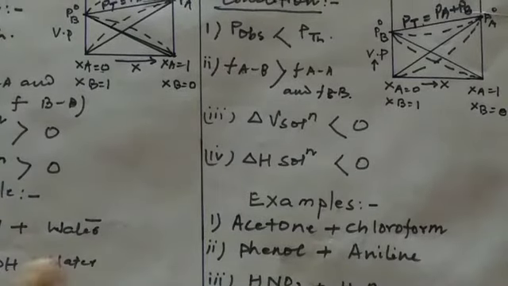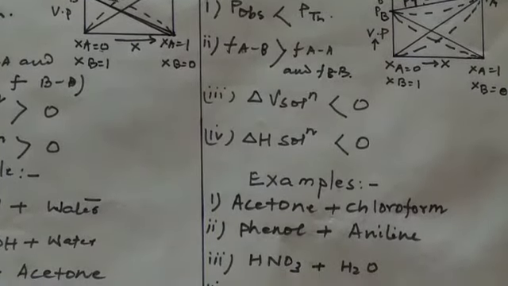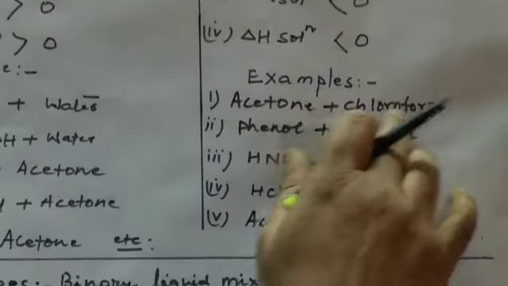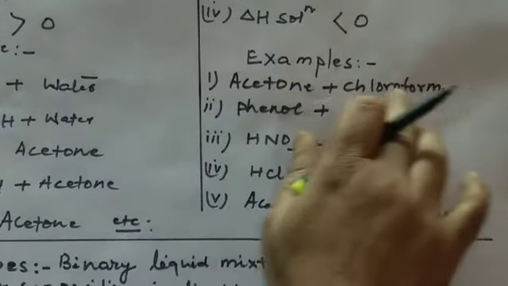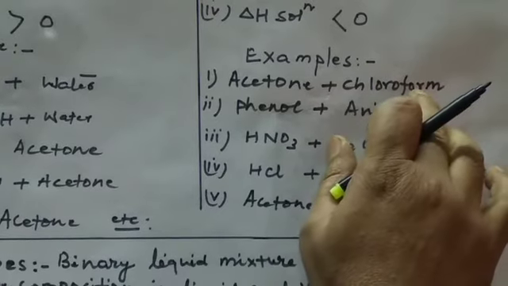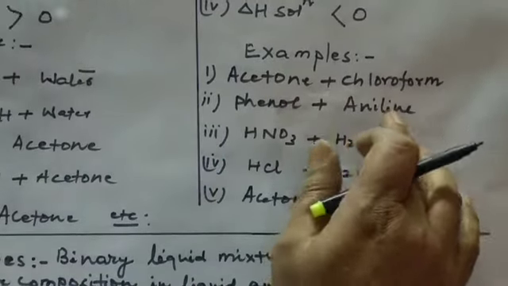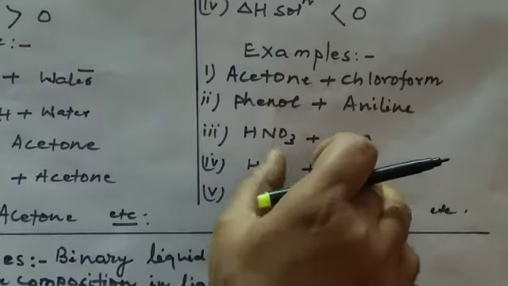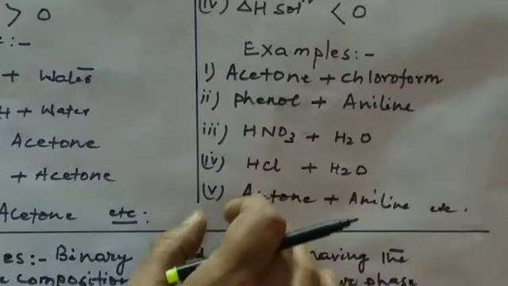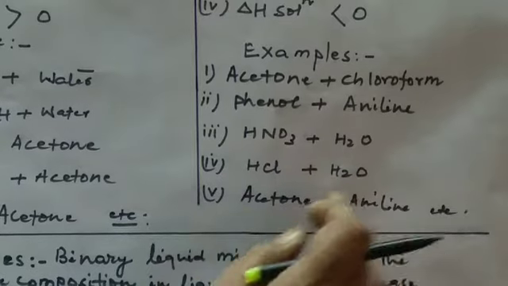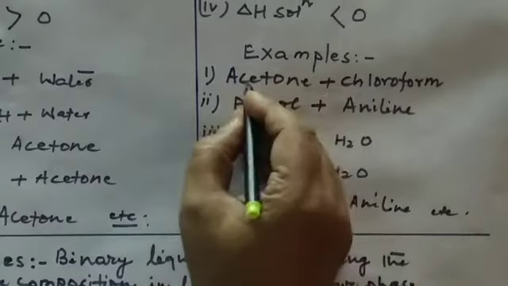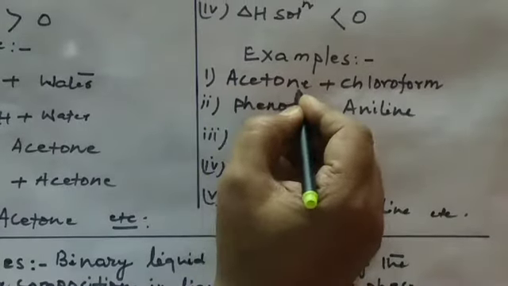What are the examples of non-ideal solutions? Acetone and chloroform. It's a very common example given in the NCERT book. Phenol plus aniline. This is also in the NCERT book. HNO3 plus water. It is given in the NCERT book. Likewise, HCl and water, acetone and aniline. So what is the interaction between these two?